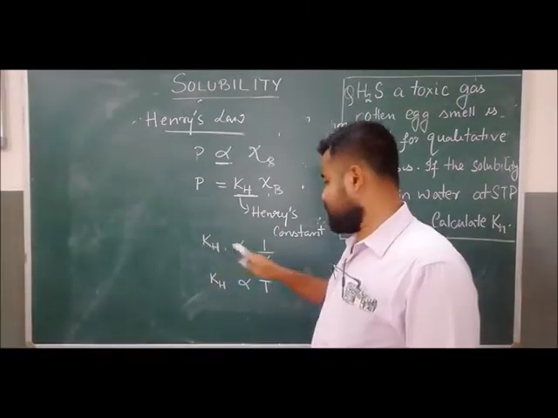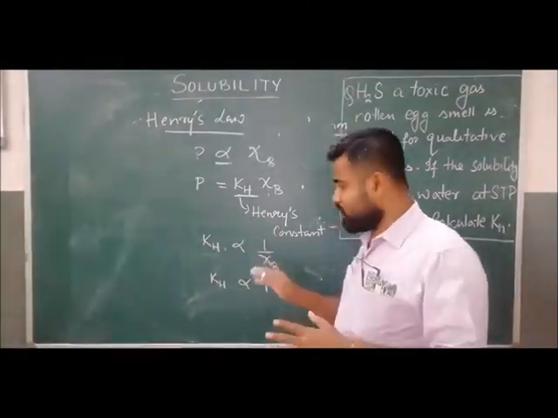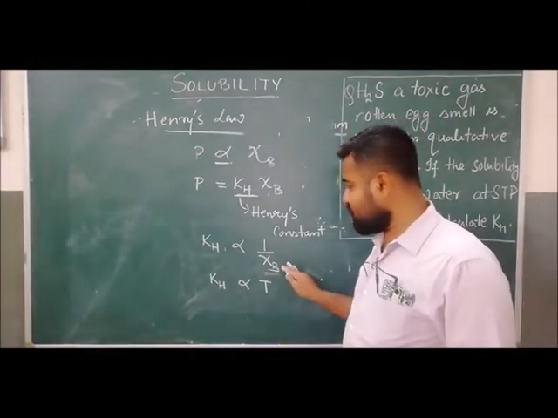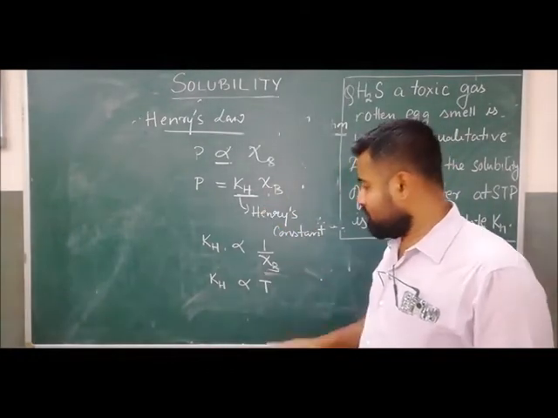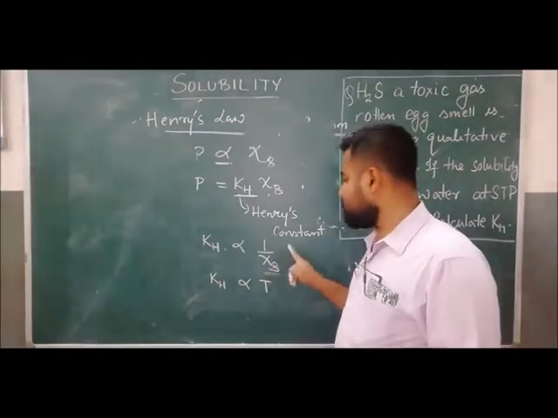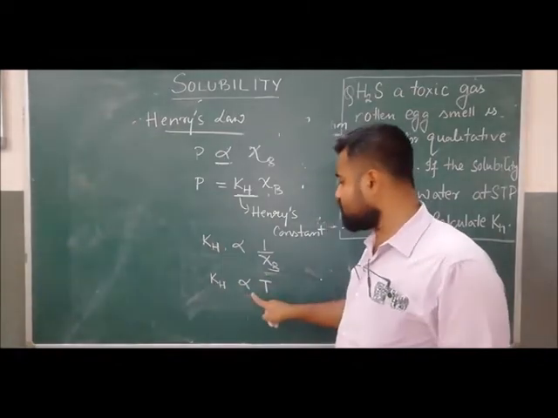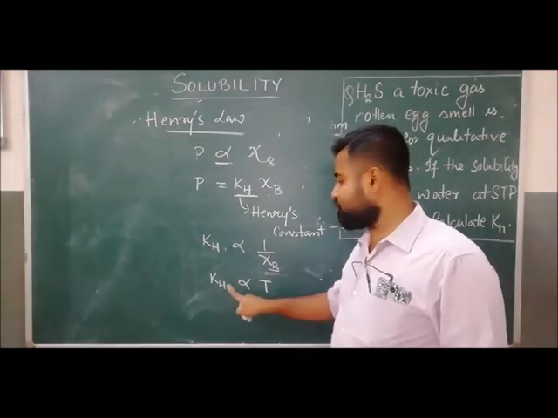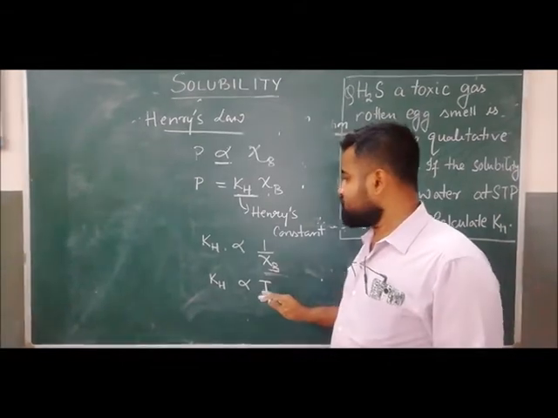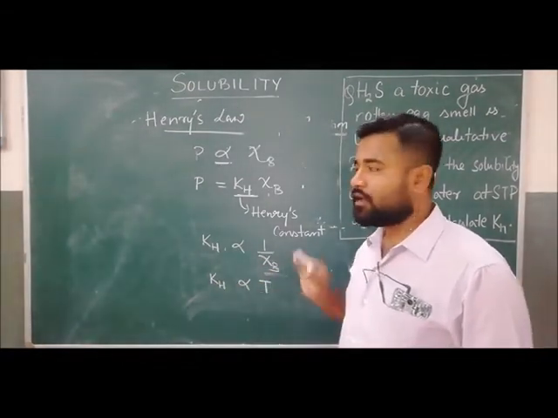The KH value is inversely proportional to the mole fraction from this equation. So we know that the solubility of the gas is inversely proportional to temperature. That's why we can write KH is proportional to temperature. So in this way the KH value depends upon the mole fraction and the temperature.